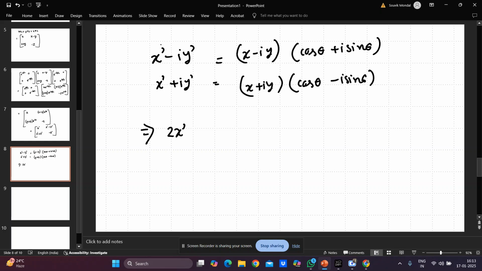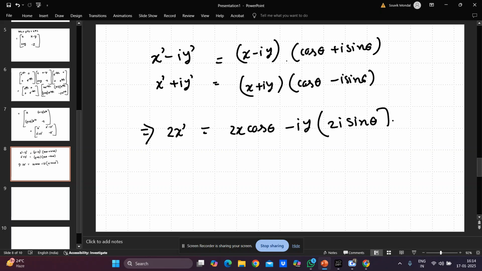So adding these, 2x prime is equal to cos theta into 2x, that is 2 cos theta x, and x minus iy into cos theta plus i sin theta minus cos theta, giving 2y sin theta, right?